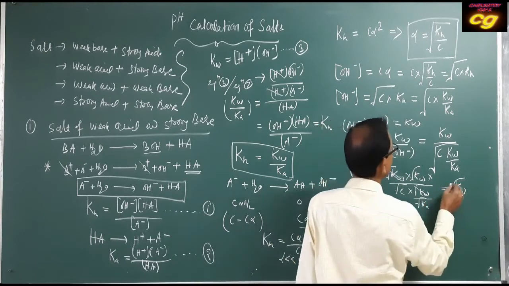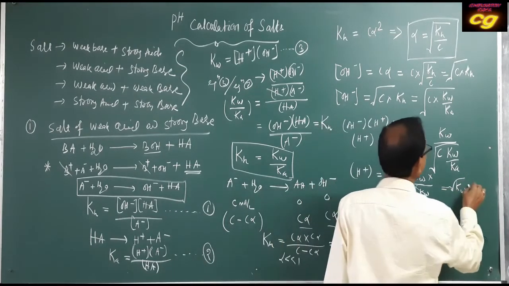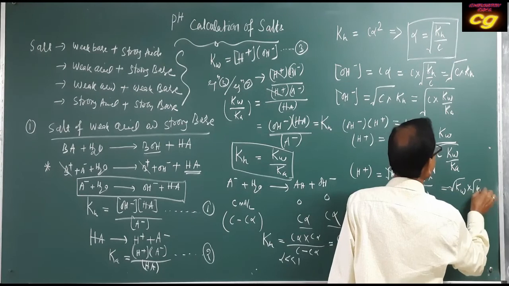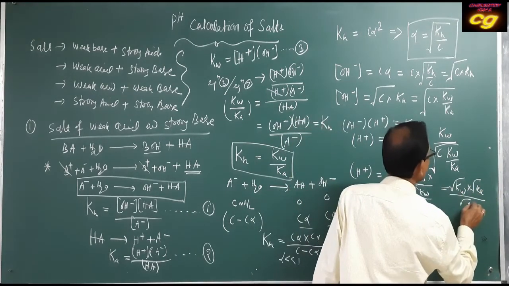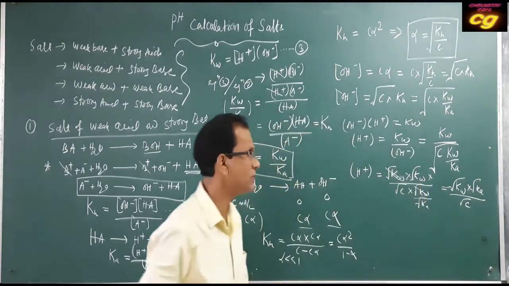Then your K square root of Ka upon square root of C. If you calculate this, it is the result.